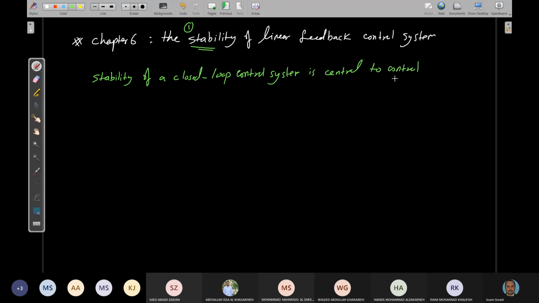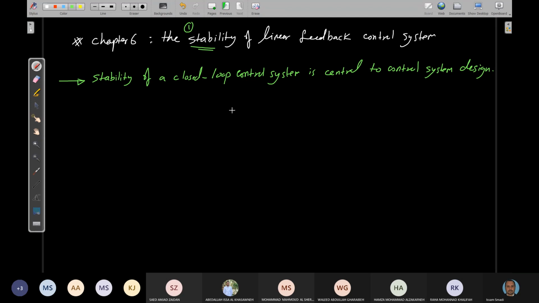The most important issue, actually. Simply, if your system is unstable, nothing you can do. You can say nothing about the rise time, the settling time. It's undefined, actually. So the first thing you should ensure is the stability of the system. If the system is unstable, we should design the controller in order to maintain the stability, or to put the system in the stability. So what's the meaning of the stability?